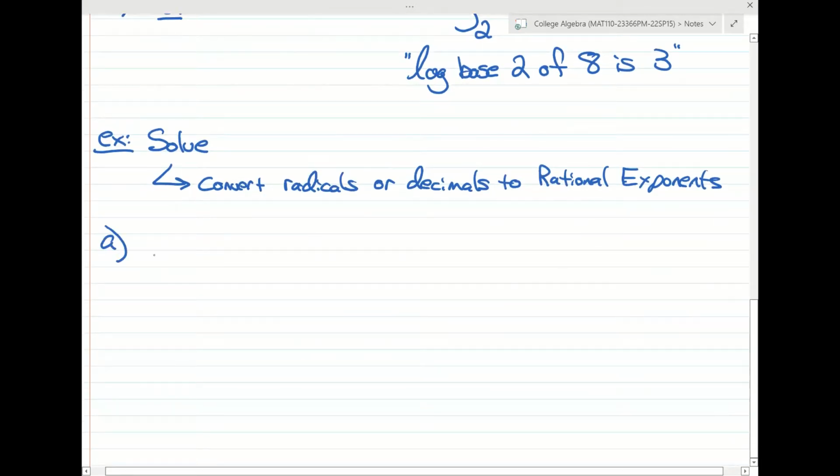So we have log base 3 of x is equal to negative 3.